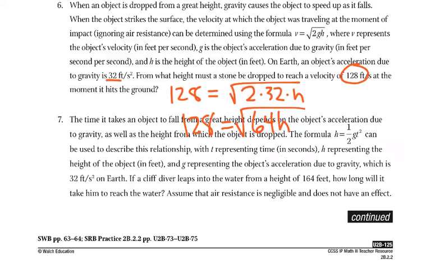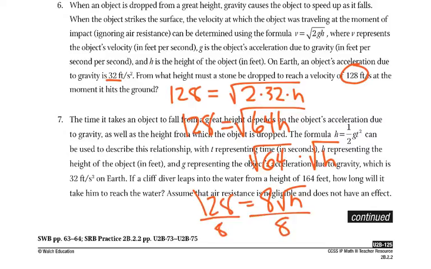Okay, now there's two ways we can attack this problem. We can realize that we know what the square root of 64 is. So we could split that up to the square root of 64 times the square root of h, and the square root of 64 would be 8. And so then we would go 128 divided by 8, and we'd get something equals the square root of h.